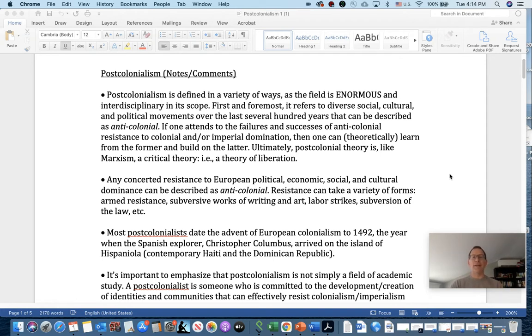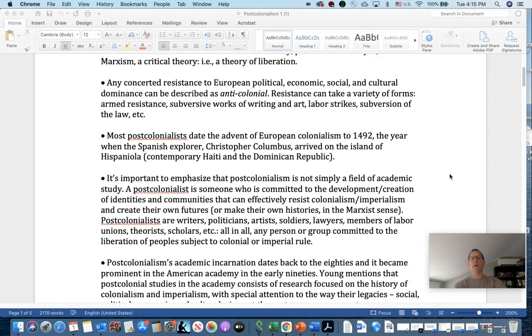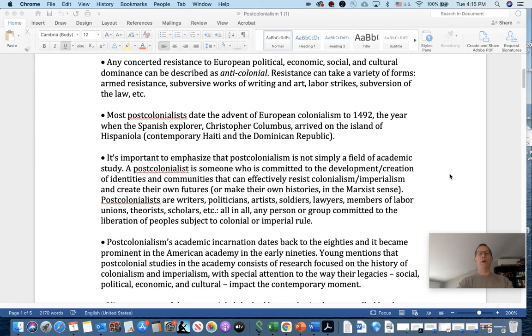And specifically, it refers to the moment whereby Christopher Columbus, who's trying to find a trade route to India, just happened by accident upon the island of Hispaniola, which in contemporary terms we refer to as the nations of Haiti and the Dominican Republic, both, by the way, former colonies of powerful European nations, which is, say, Spain for the Dominican Republic, and also France with respect to Haiti.